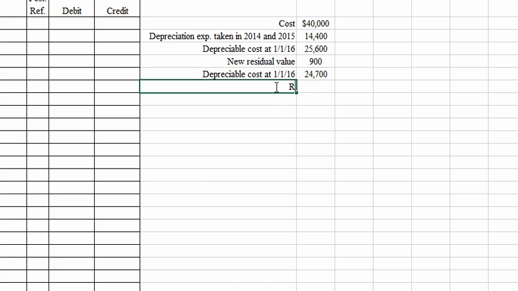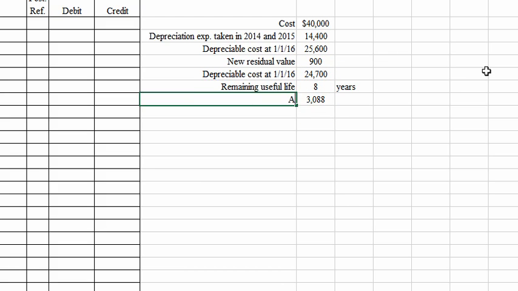Okay, the remaining useful life is 8 years. So this one is going to be equal to 24,700 divided by our 8 years.